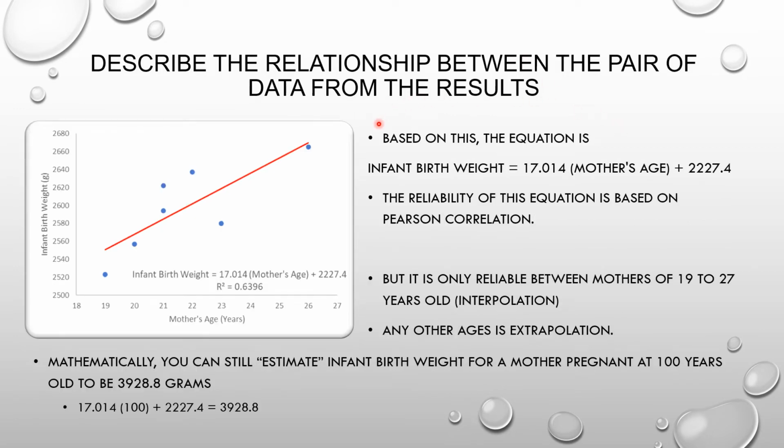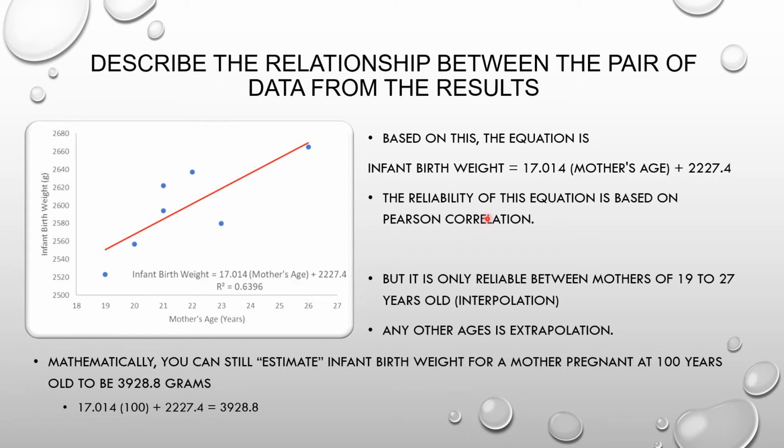Based on this equation, our infant birth weight equals 17.014 times the mother's age plus 2,227.4. Is this equation reliable or not? The reliability is based on Pearson's correlation. The higher the Pearson's correlation, or the higher the R-square value, the coefficient of determination.